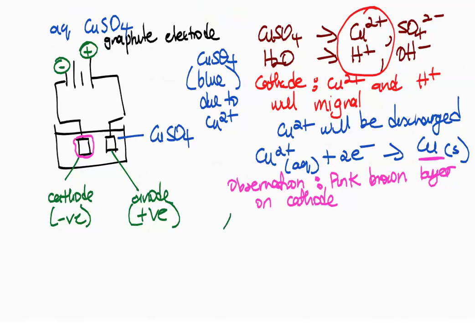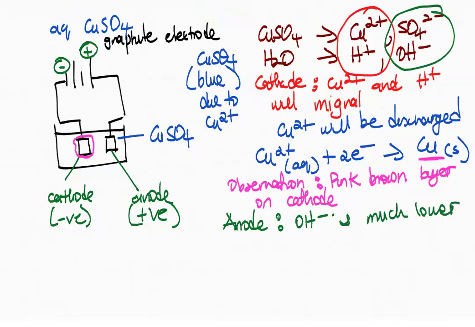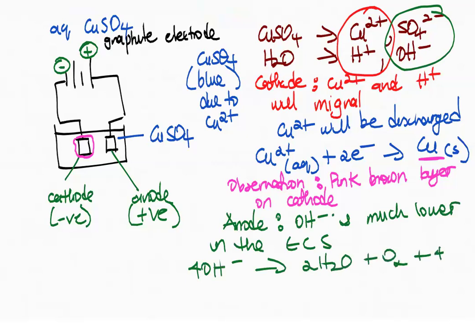And on the anode, I have sulfate versus hydroxide. Is sulfate ever discharged? OH minus is much lower and likely to be discharged. So you get 4 OH minus to form 2H2O, add O2, add 4E.